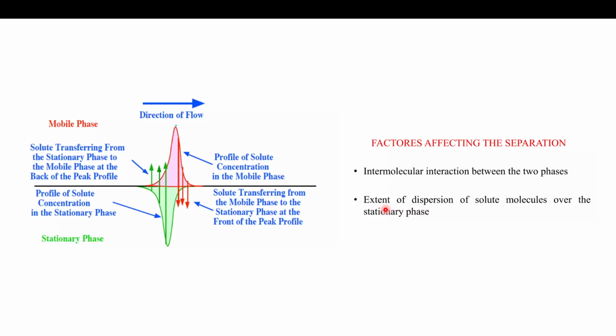Or suppose something has higher interactions with the mobile phase; then, without interacting with the matrix, it will move along with the mobile phase and the two compounds won't be separated properly. So we have to take into consideration the different physical and chemical properties there.